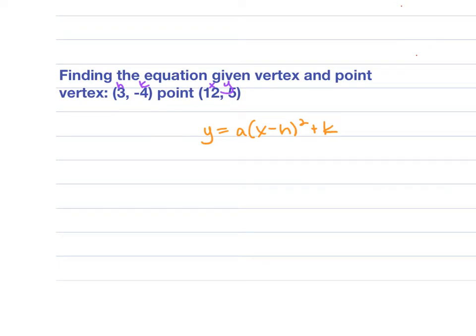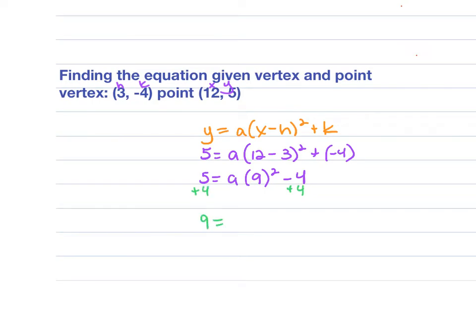So 5 equals a, x is 12 minus the h, which is 3, squared, plus the k, which is a negative 4. So 5 equals a, 9 squared, minus 4. Add the 4 to both sides. 9 equals a, 9 squared.